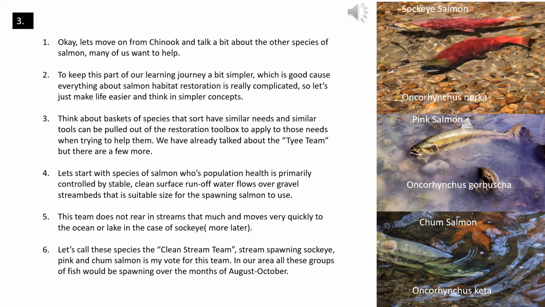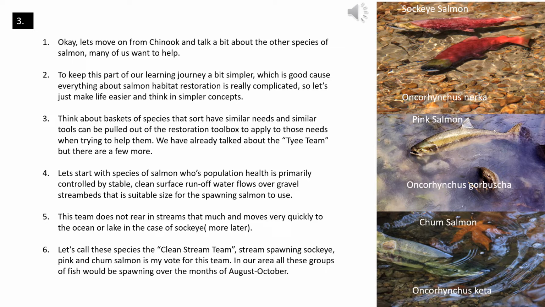Okay, so let's move on from Chinook and talk about this other group of species of salmon that many of us want to help. So to keep this part of our learning journey a little bit simpler, which is good because everything about salmon habitat restoration is really complicated, let's just make life easier and think in simpler concepts.